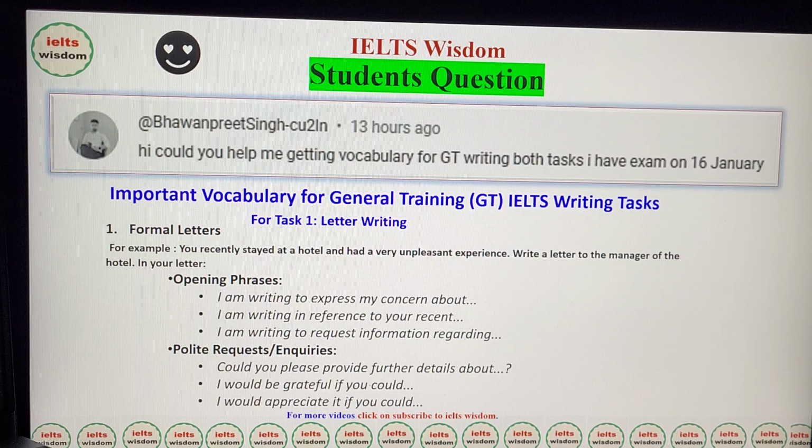What experience you had, why this thing happened to you, is there any reason behind it, like shortage of staff or any other problem. You can always ask that in a polite way: I would greatly appreciate it if you could give me feedback or the reason behind this problem which I faced when I was staying in your hotel. This is a kind of middle phrase, okay?